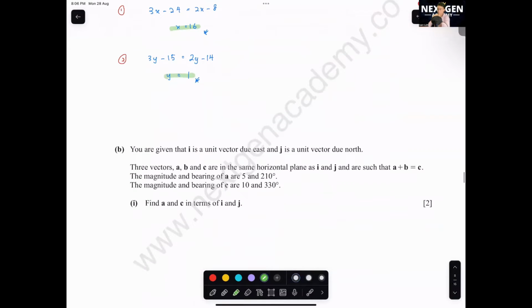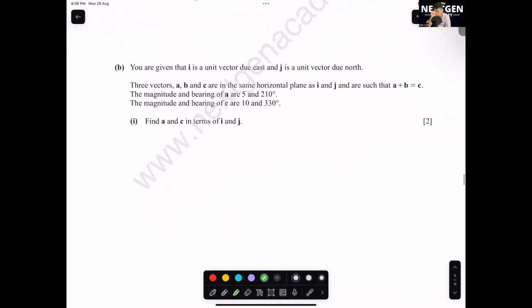Okay, this is vectors. All right, question B and C, B1 and B2, is something that you just have to understand from vectors itself. Quite unique this question. It hasn't really, I think, come out in this form before, but just the structure of the question.